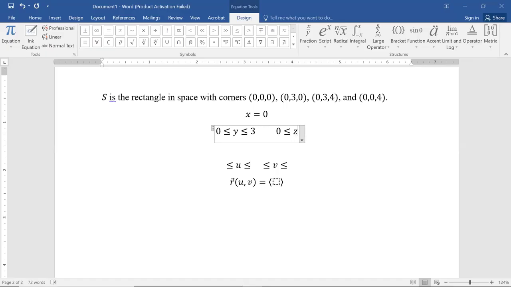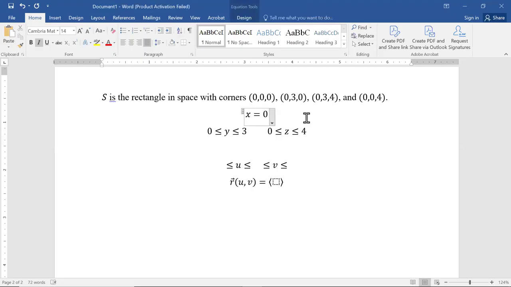Now this one might be, well, it is fairly simple, but we'll get into another little bit harder example. But again, we're thinking of this x equals 0 as x is equal to some function of y and z. Okay, so we're going to treat it the same way we did our very first example.